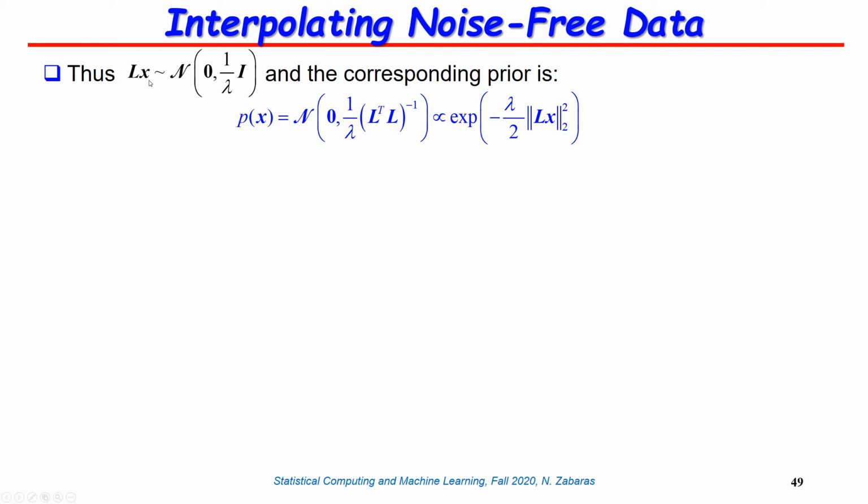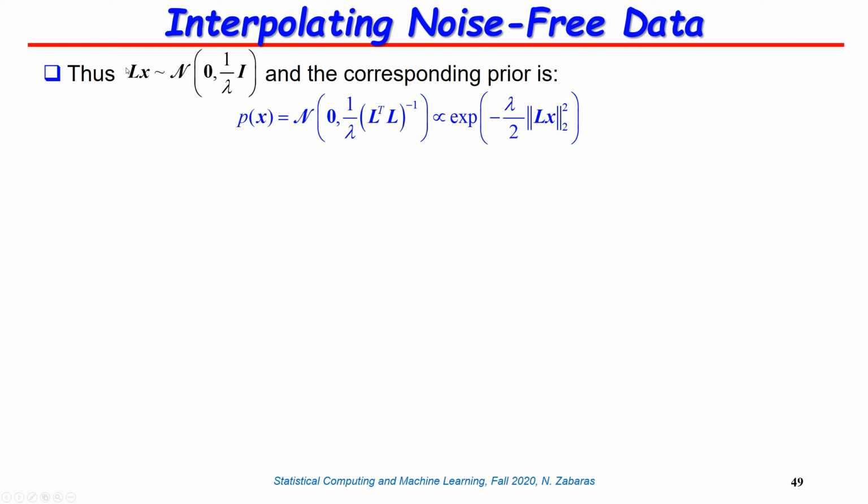But if you call L times x y, so y follows this Gaussian, and if you do a transformation of variables, then immediately you can see that p of x follows this Gaussian, where you notice that the covariance matrix, scaled by lambda, becomes lambda times L transpose L.